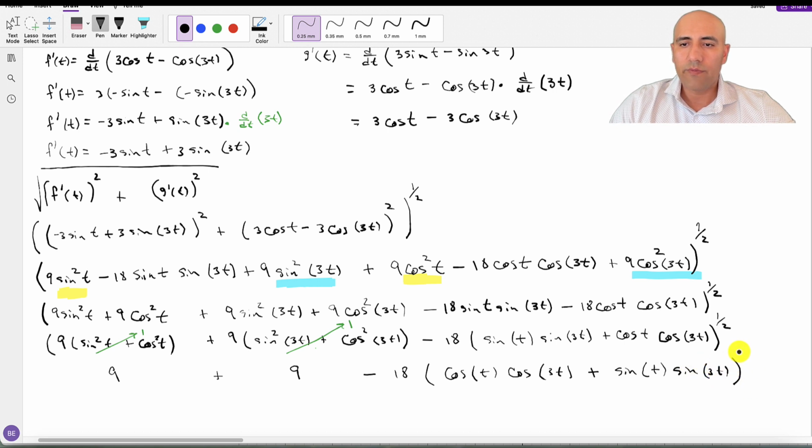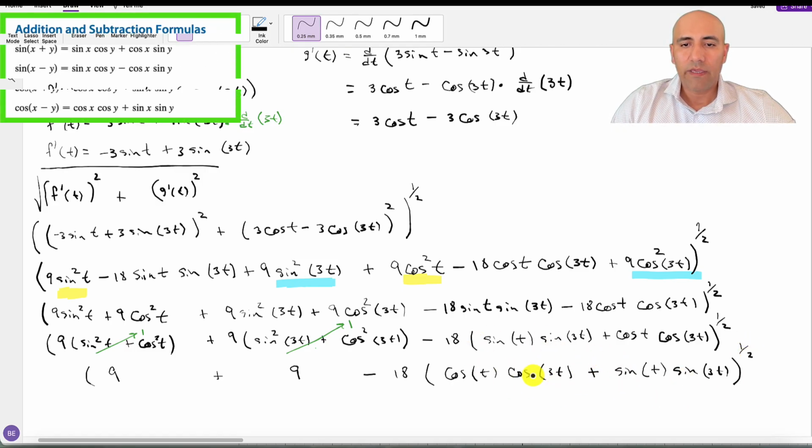So hopefully that looks familiar, because that becomes one of our trig identities, the sum to product rules. Okay, so the property tells us that this is going to be equal to cosine of t minus 3t.